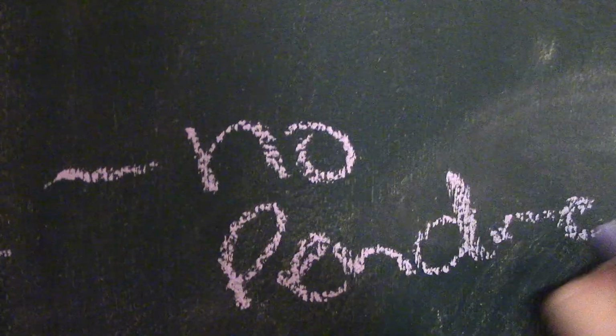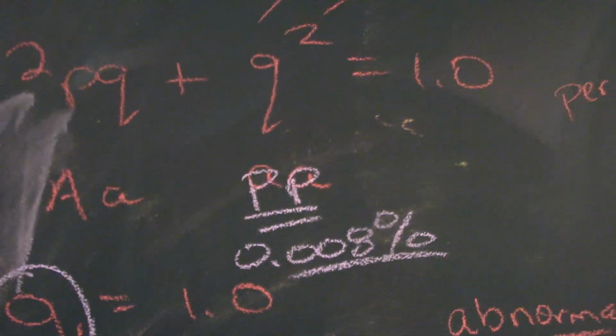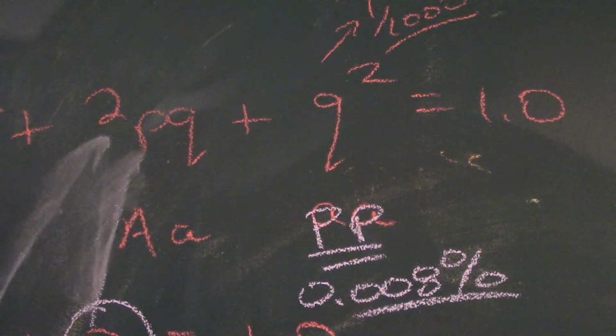All right, so this would be little p, because if you have one dominant allele, that means no Pendred. Okay, so they have to be little p. So I have 0.008% of the population. That is Q squared. So what this question gave you was a recessive phenotype.